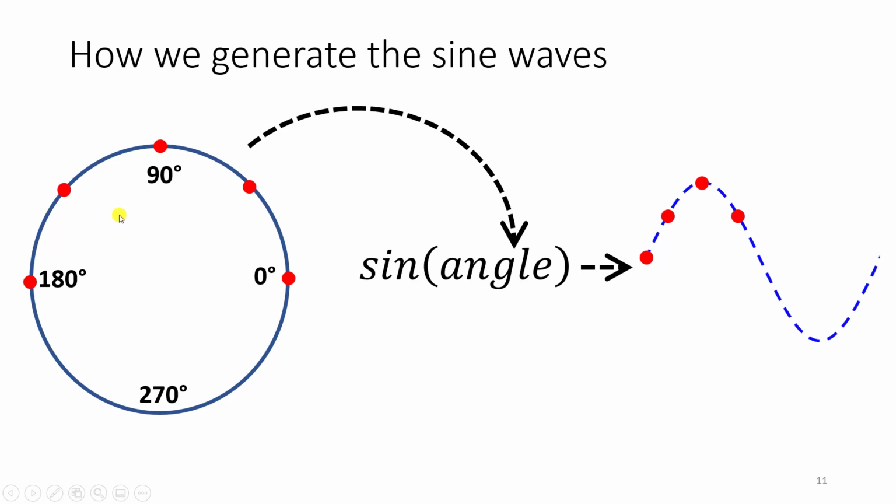And the key part to generating a sine wave of a specific frequency digitally is that we do this step with equal size angle increases. In this case, we're using 45 degrees that we add to the previous angle. And so we just keep stepping through that angle every 45 degrees.